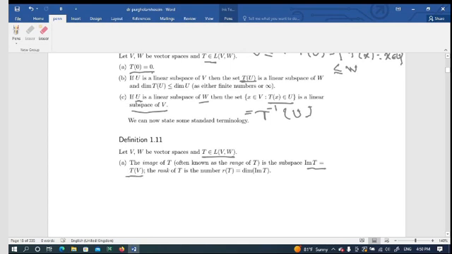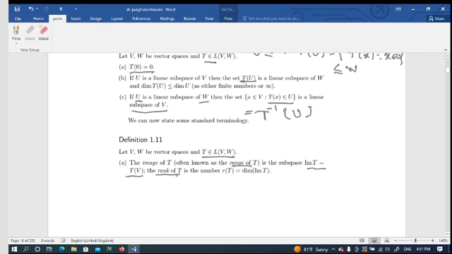It is equal to T of V. So the image of T is T of V. Here T of U is not the image of T; this is the image of U under T. But when instead of U we use the whole vector space V, T of V is the image of T, or the range of T. Range of T or image of T.